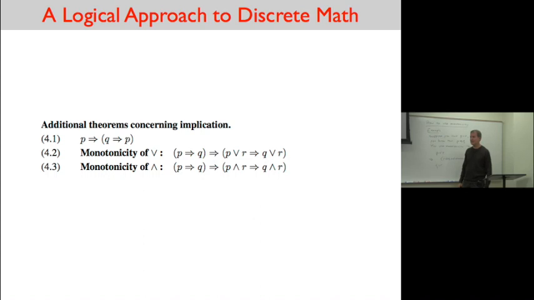What happened to the middle one? Good question. It has to be the last one, because what we are claiming is that P or R implies Q or R. I think that was the last one. So that's what you're doing.